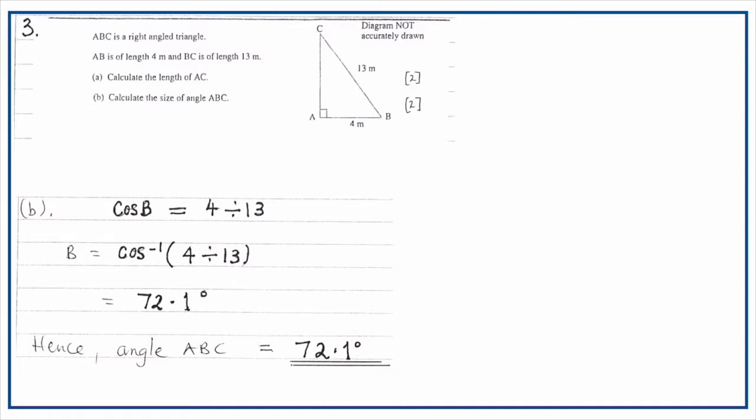So the angle ABC equals shift function in your calculator, cos, which gives you cos to the power minus 1, open bracket, 4 divided by 13, close bracket, equals 72.1 degrees. Hence the angle ABC is 72.1 degrees.